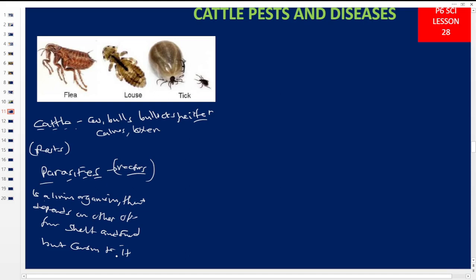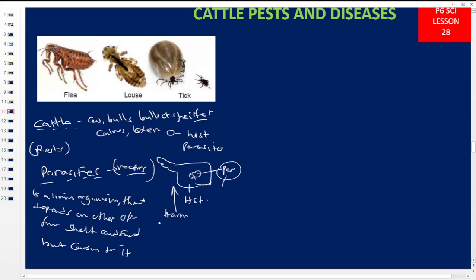Now that living organism which is being depended on is what we call a host. So the opposite of a parasite is a host. For example, if this is our cow and it has a parasite depending on it, then the parasite is the parasite, and the cow becomes the host. But the bad thing about a parasite is that it is causing harm to this animal.